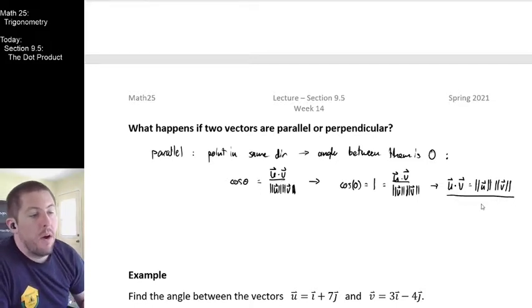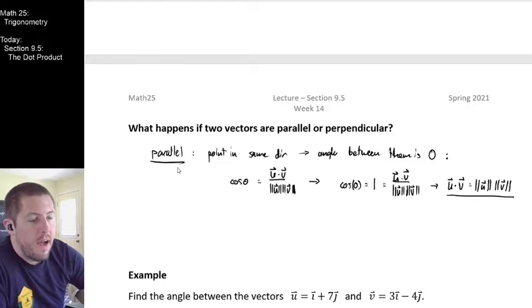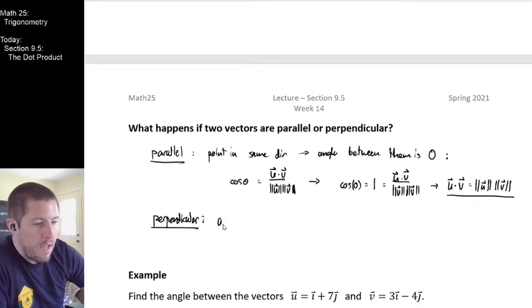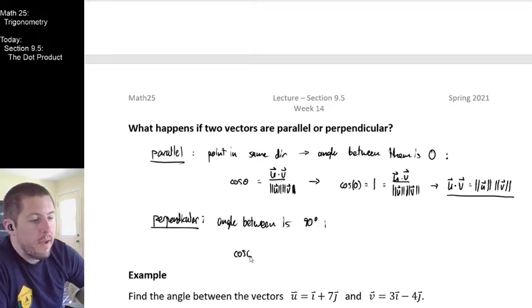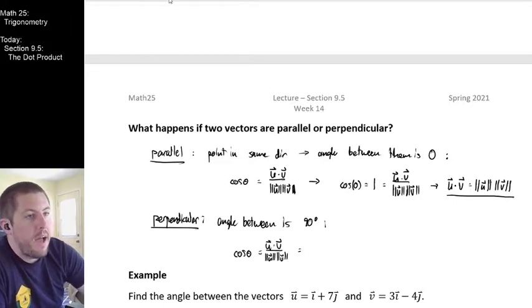All right. Now, on the other hand, I know that if two vectors are perpendicular, the angle between them is 90 degrees. So now when I write my cosine of theta equals u dot v over magnitude of u, magnitude of v, I'm seeing here that our cosine of 90 is 0.